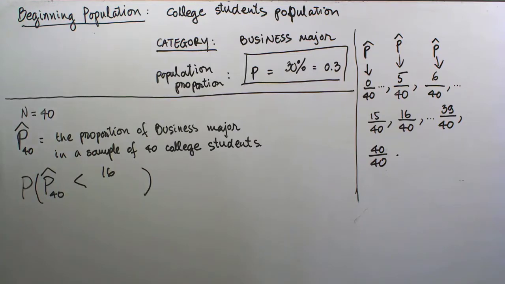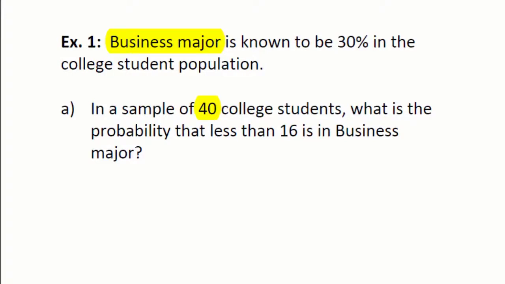Being less than 16. And that's what it said in the worded description of the problem. What is the probability that less than 16 of the college students in this sample is in business major?